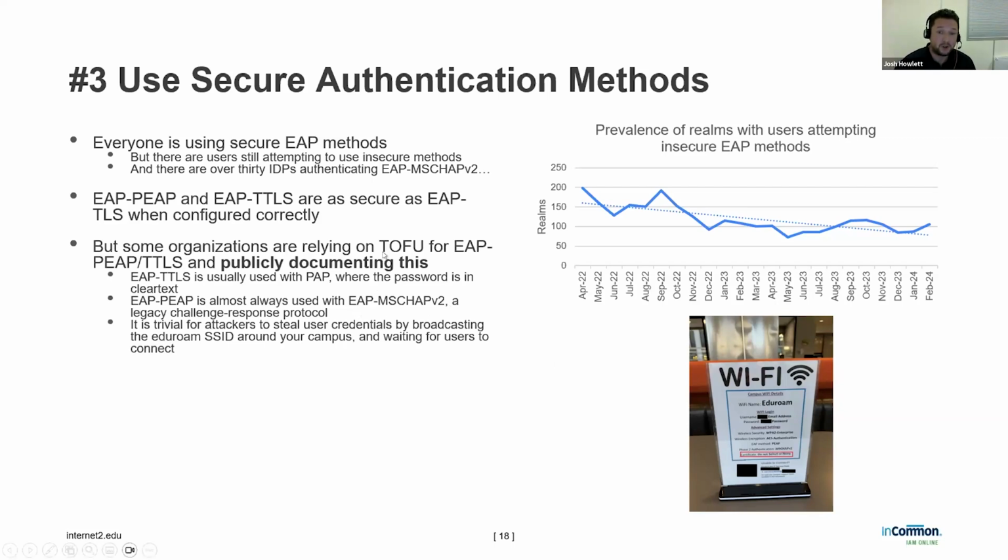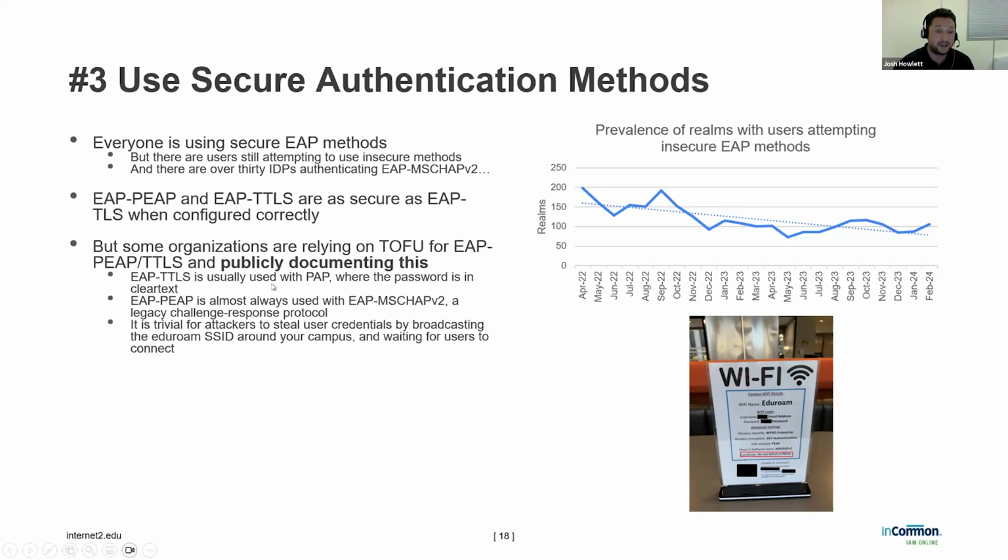The most common issue that we see is organizations publicly documenting trust on first use for eduroam, for EAP PEAP and EAP TTLS. This is often convenient because it reduces the effort that's needed to provision devices with the correct configuration, for example, the service certificate that will be presented by the Radius server.